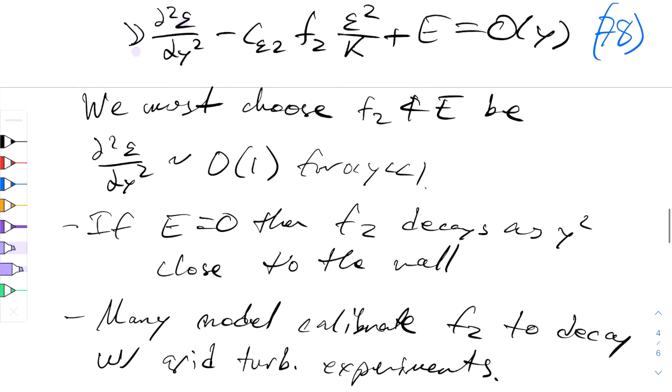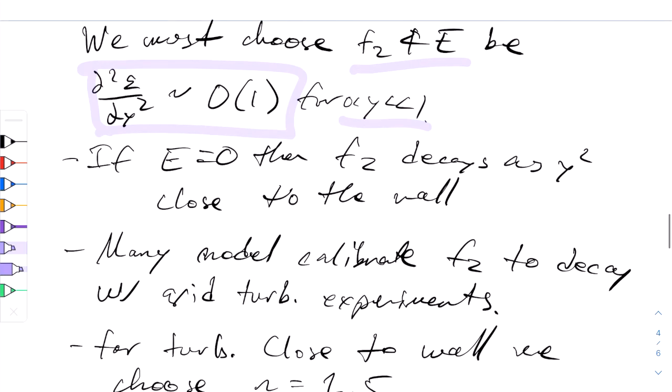So we must choose, which is small I might mention, f2 and E to be something on the order of 1 for small distances of y to make 78 valid. If E is 0, then f2 will decay as y squared very close to the wall.